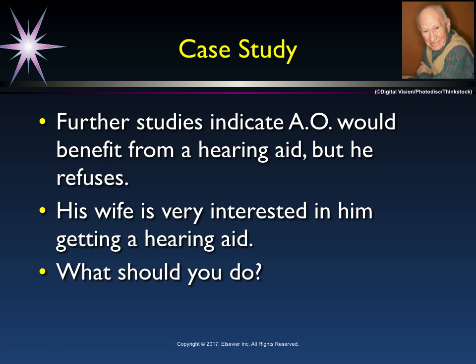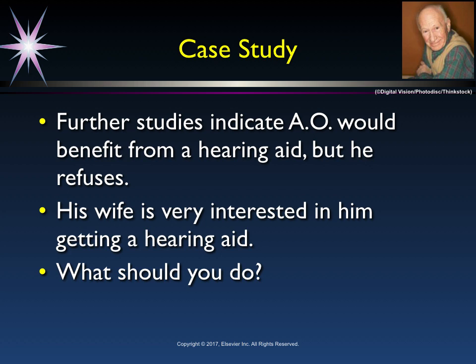A set of hearing aids runs about, I'm trying to remember now, I want to say they're around $4,000 to $5,000 up. And insurance usually does not cover hearing aids. And there may be some values or cultural preferences that have made him feel that this is just not an acceptable thing.